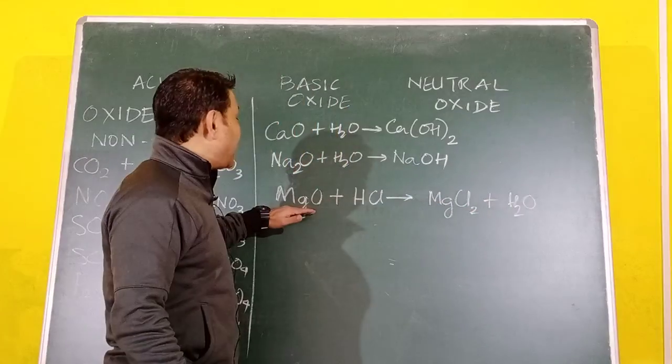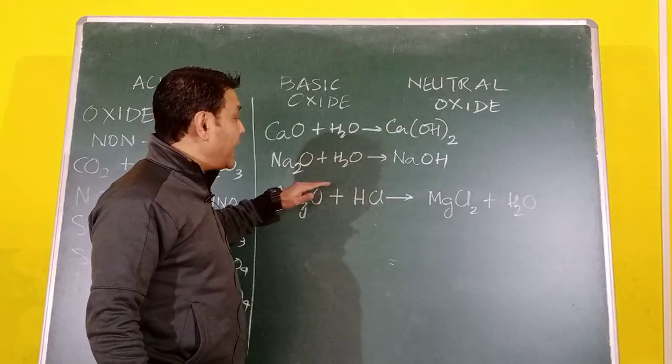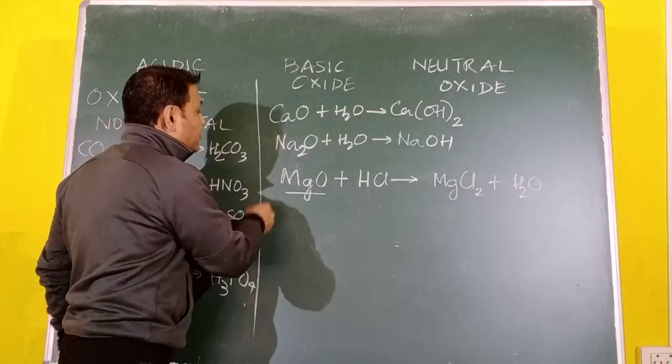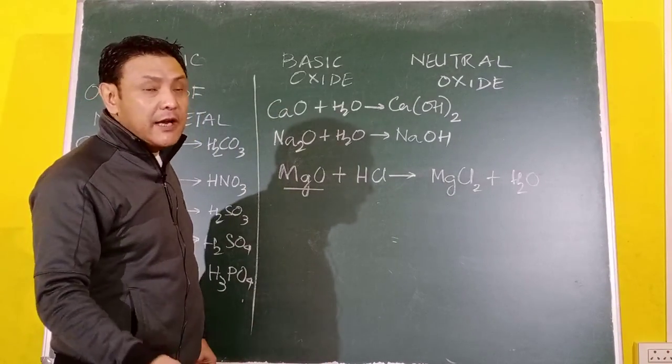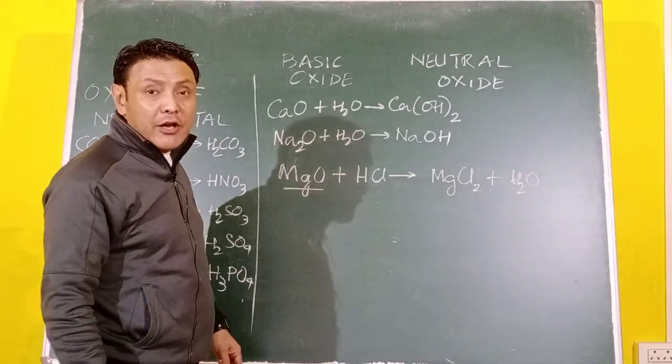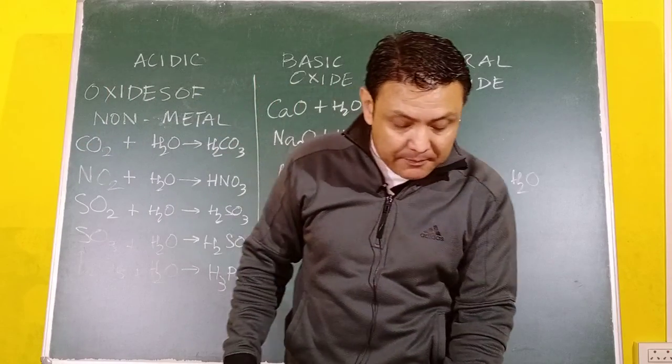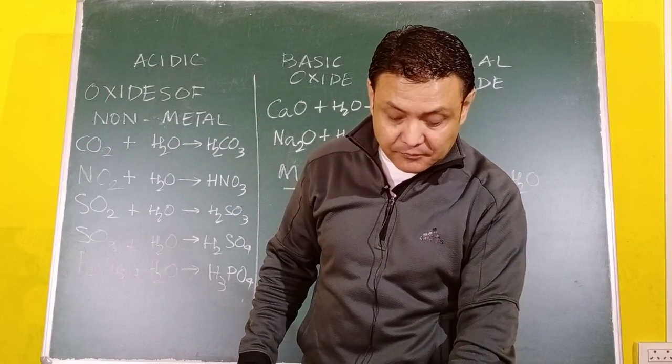What substance? It has to be a base. Only then will acid produce salt and water. So hence we have proved that magnesium oxide, or the oxides of metals in general, are basic in nature.